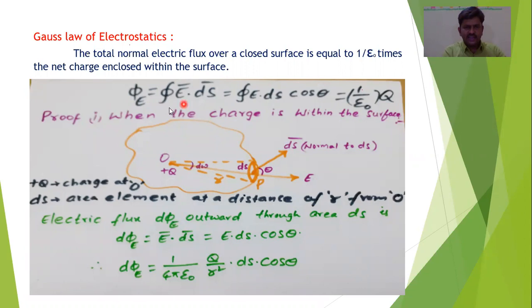We already saw that integral E dot ds is nothing but electric flux coming over a closed surface. Here it is a surface integral, and over that surface we are integrating. So the electric flux coming over a surface is equal to integral E ds cos theta. This is equal to 1 by epsilon naught times the net charge enclosed within the surface.